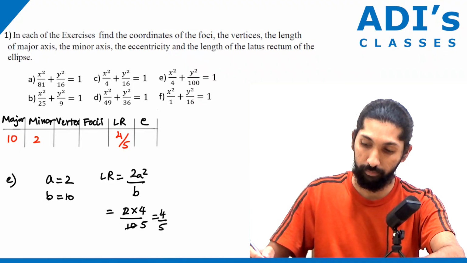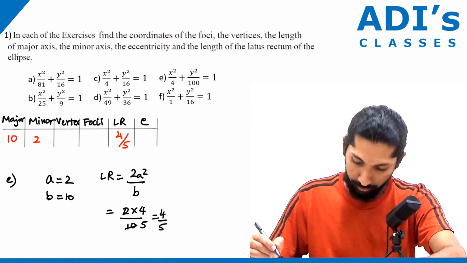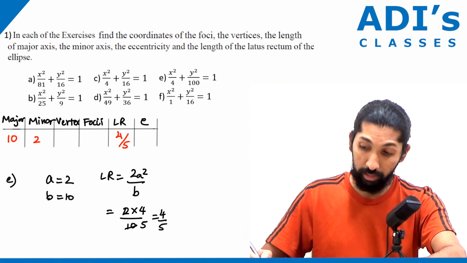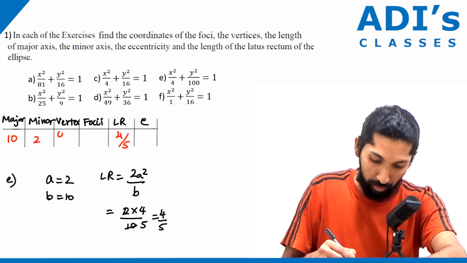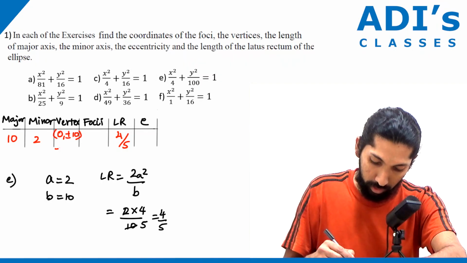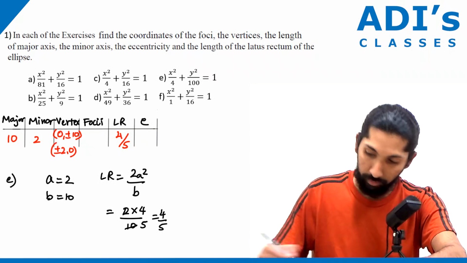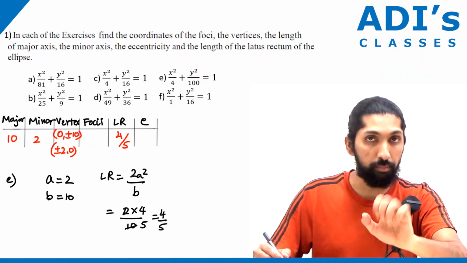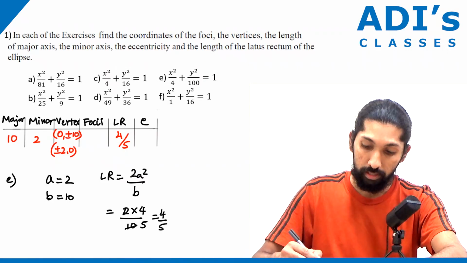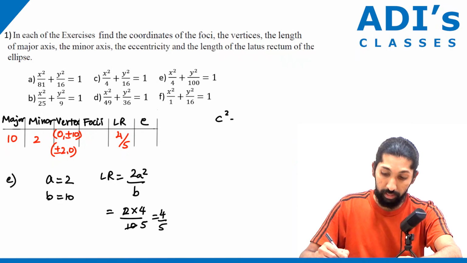Fair enough? Very easy. Now vertices. So vertices are what? 0, comma plus or minus 10 and plus or minus 2, comma 0. These are the vertices of this particular ellipse. Now C square is equal to B square minus A square.